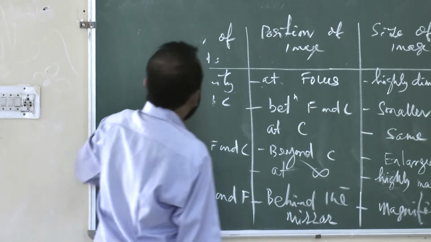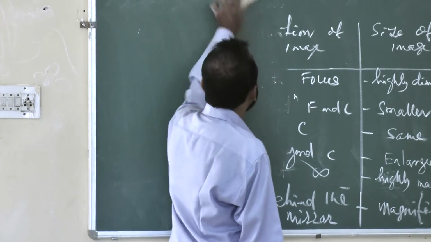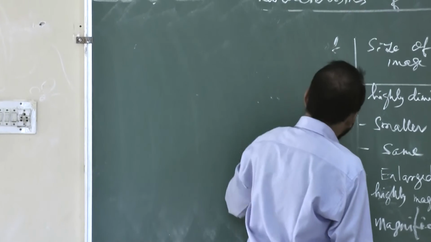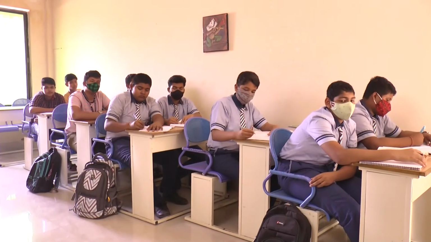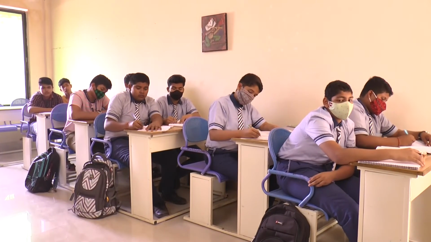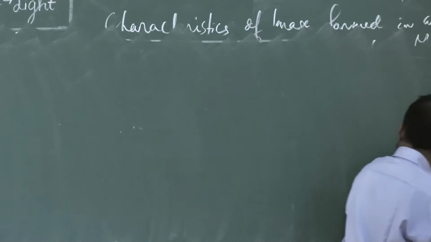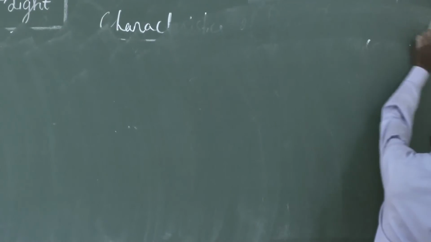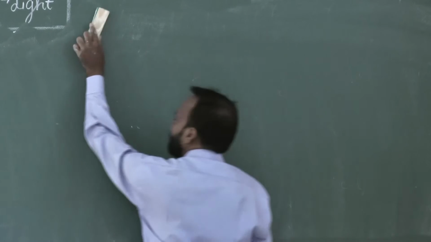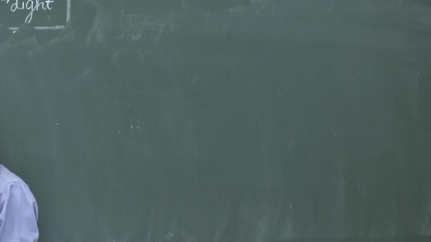Now, there is a formula that is called the mirror formula, where we are using image distance, object distance, focal length, and we are going to find a relationship between u, v and f.